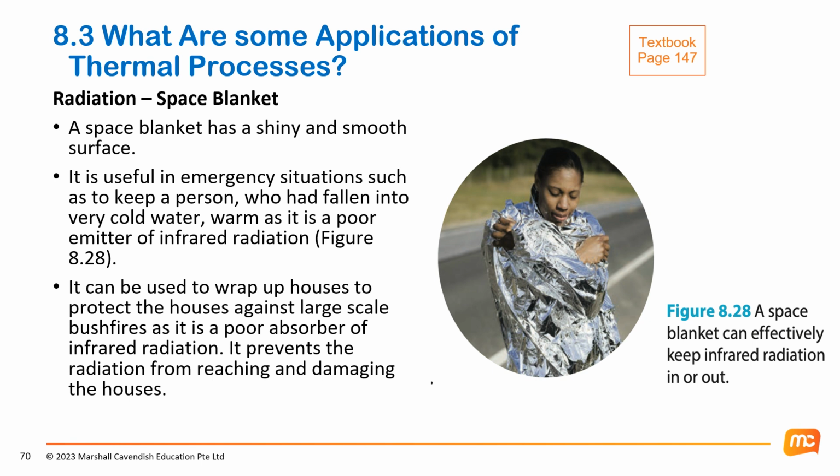Okay, another example is a space blanket. You might have seen some of these before, to keep someone warm. So which way is heat flowing? If somebody is very, very cold and they are in a cold environment, which way is heat flowing naturally? From the person to the environment.